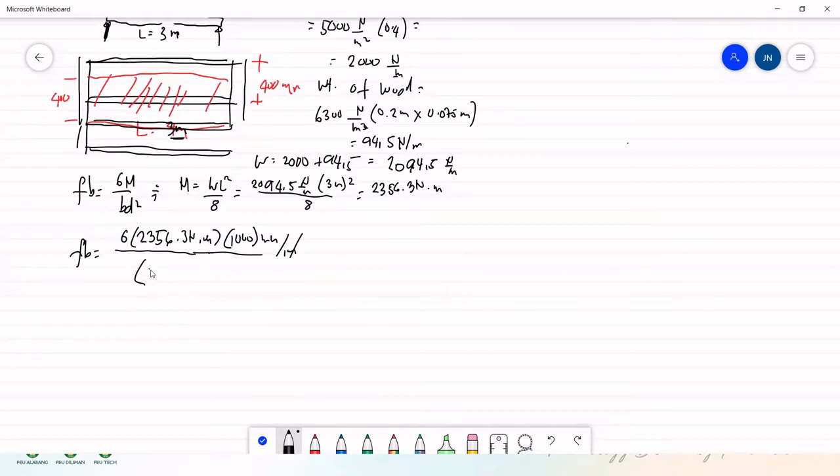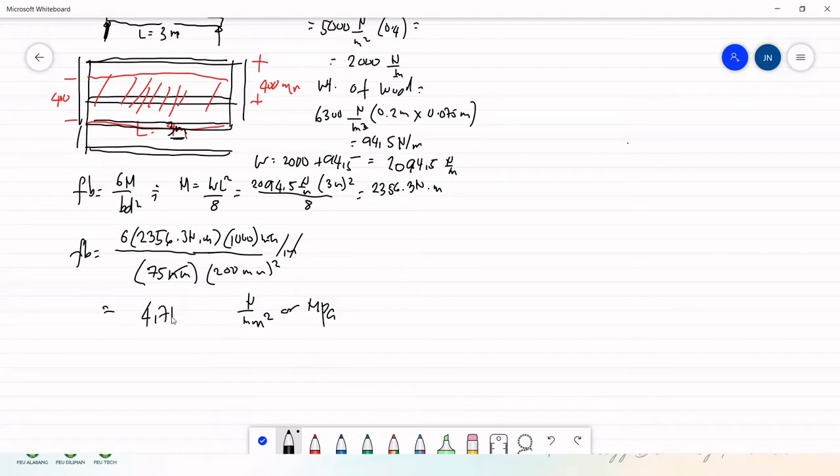B is 75 millimeter, D is 200 millimeter, BD squared. Okay? So millimeter dito, makakancel yung isang millimeter, millimeter squared na lang ang matitira. So therefore, the unit here is Newton per millimeter squared or megapascal. What's the answer? 4.71, tama ba? Yes, sir.